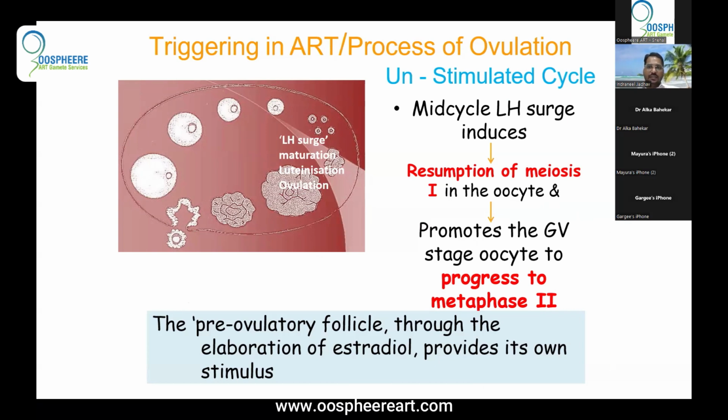Whenever there is an LH surge, resumption of meiosis 1 occurs, and then the oocyte progresses to metaphase 2, and then we are getting a mature oocyte.